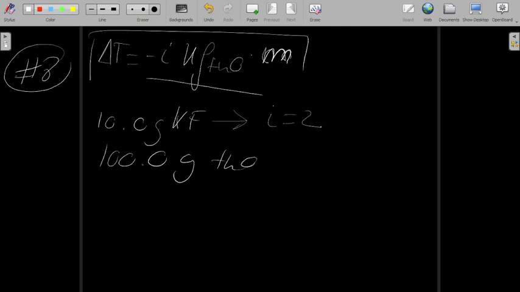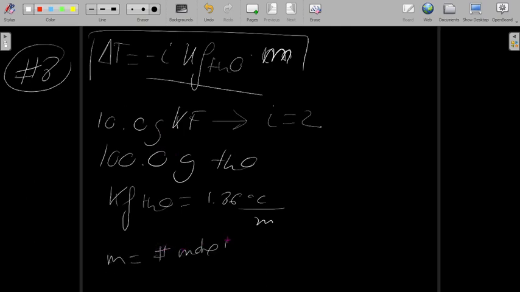Once you have decided the i, you need to find the molality, because Kf is always the same. Kf, sorry, I should have written it this way. The problem gives it to you. Kf for water equals 1.86 degrees Celsius per molal. So that's given to you. And we have a problem because molality is the number of moles of our solute divided by the number of kilograms of our solvent, water, and we don't have either. But we know how to find that.